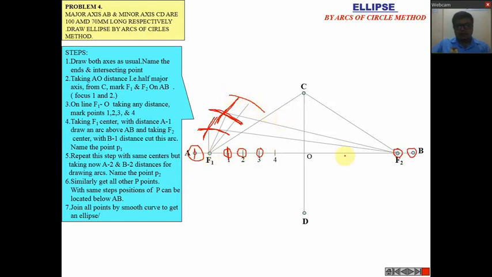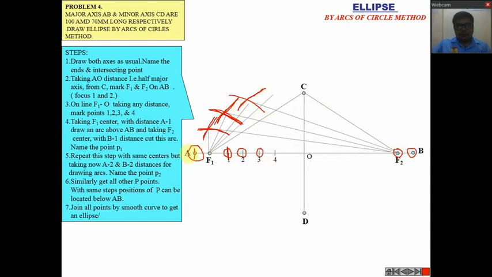All these arcs are above the AB line, above the major axis. So similarly, take the distance B3 from B to 3. Then take the center as F2 and make an arc here, something like this.